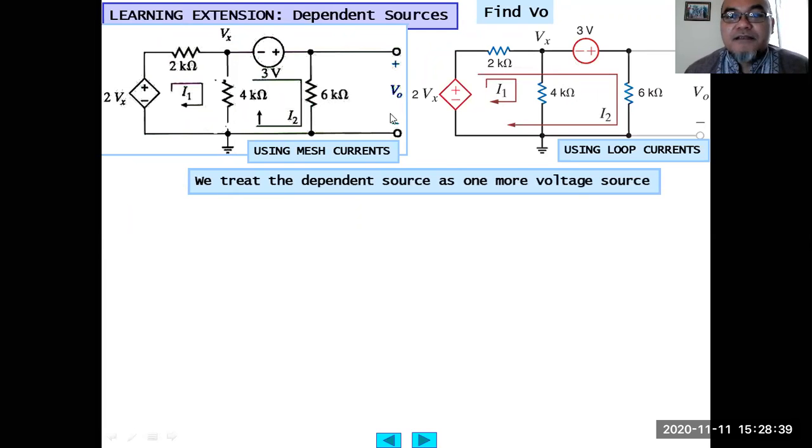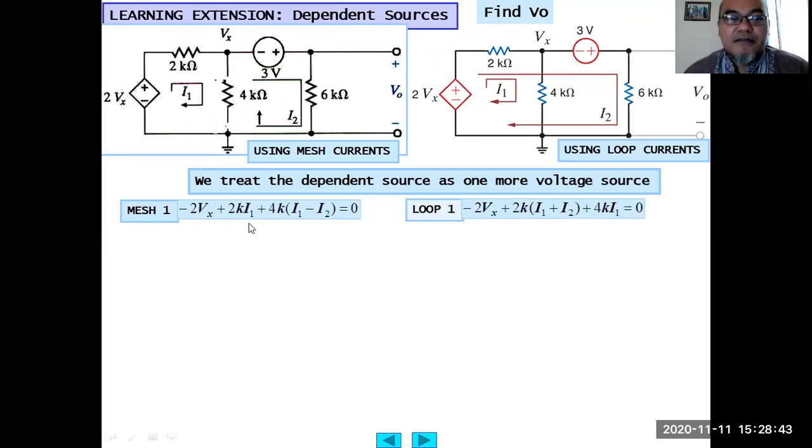You remember, a mesh is a particular type of loop that does not enclose any other loops. So we treat the dependent source as another voltage source, one independent voltage source. If you are using the left side way, then we obtain negative 2 Vx from this mesh 1 plus 2k I1 plus 4k (I1 negative I2) equals 0.